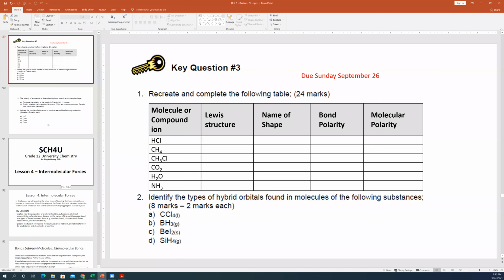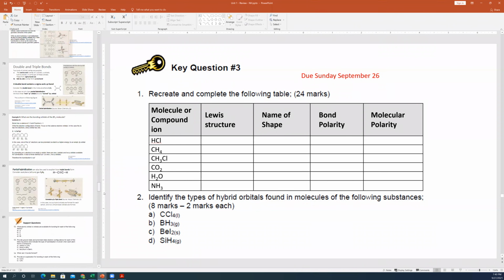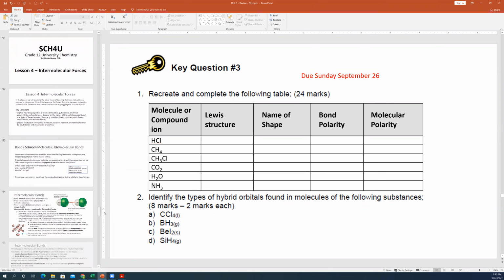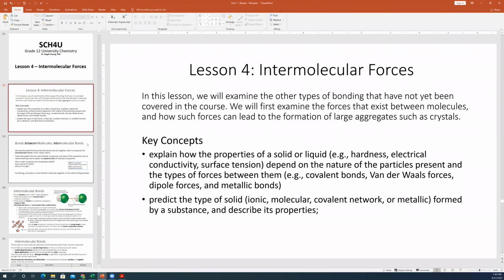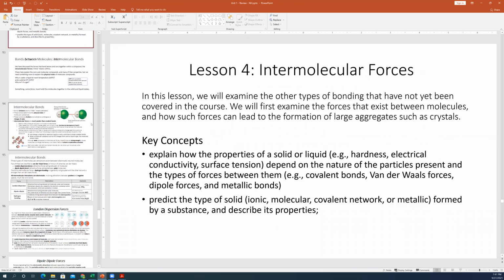So the bulk of that question spanned lessons 3 and 2. Any questions from lesson 4, which was intermolecular forces? Forces and bonds that are formed, not bonds, sorry, forces that are existing between molecules.